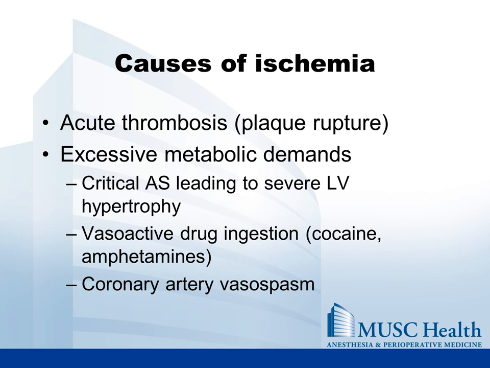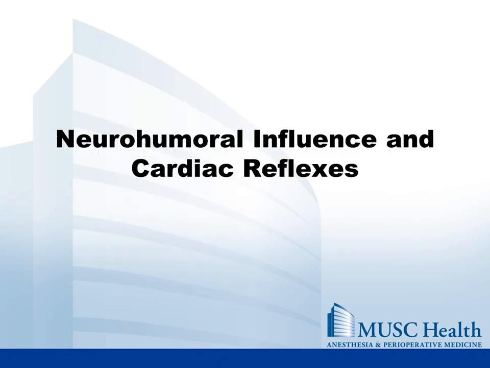Could also be drug ingestions, amphetamines, cocaine, and then coronary artery vasospasm, which is also called Prinzmetal angina, where you get vasospasm of your arteries and they close down without a mechanical obstruction like a plaque or a thrombosis. But you can still see ST changes and decreased coronary perfusion and signs of ischemia with that. Okay, questions about that?